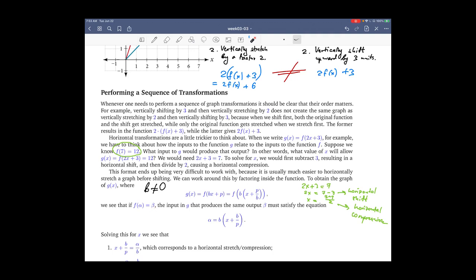Well, we need to equate the argument of f, b times x plus p over b, to whatever number alpha that produces output beta. Just like above, we equated 2x plus 3 to 7, because f at 7 produced 12.